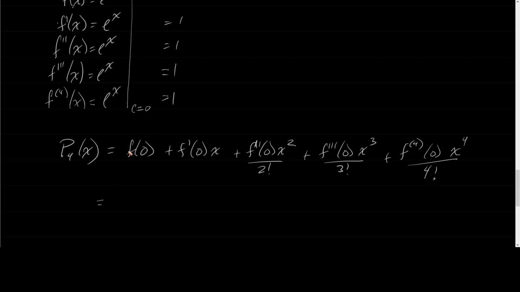And here, what is that? Well, we know that all these values evaluated at 0 were just 1. So I have 1 plus x squared over 2 factorial plus x cubed over 3 factorial plus x to the 4 over 4 factorial. Alright.